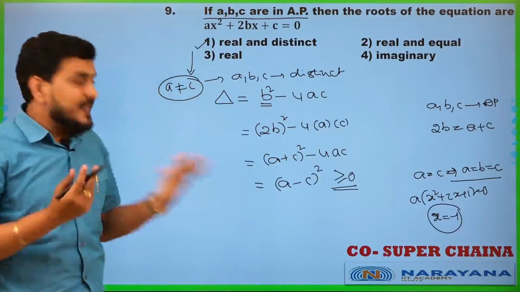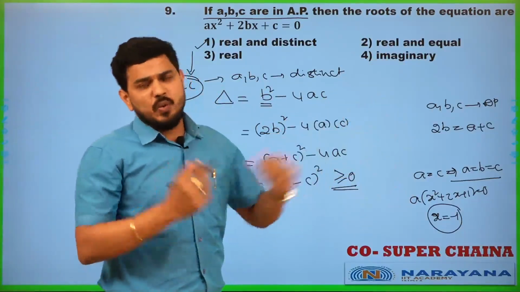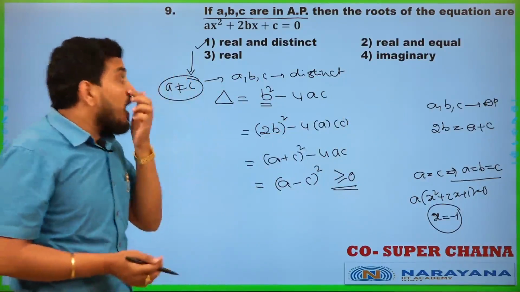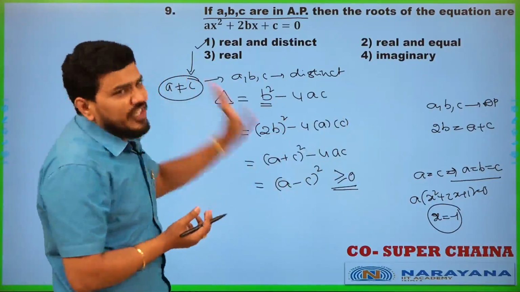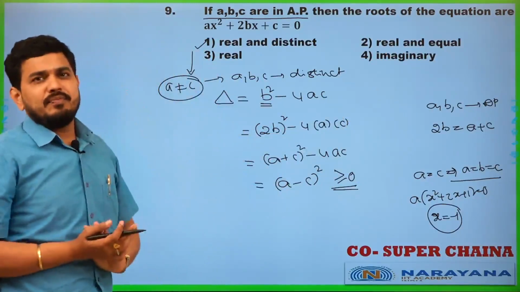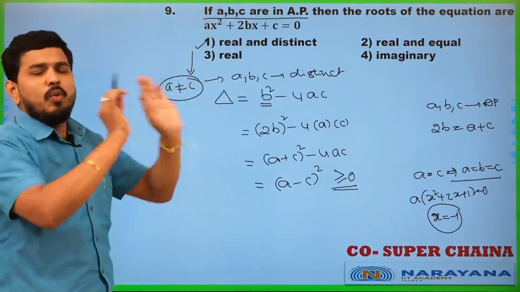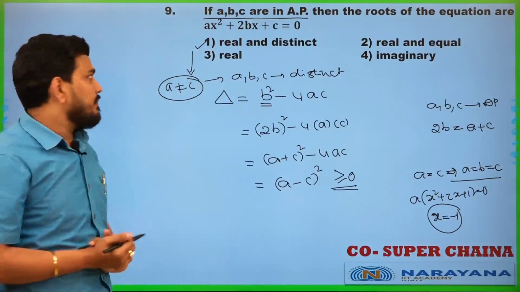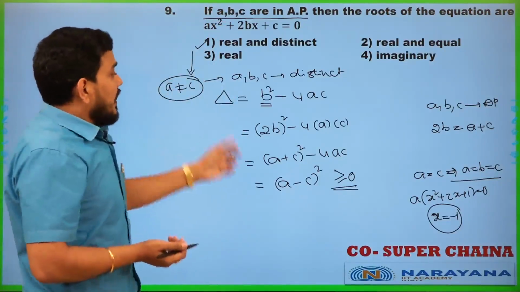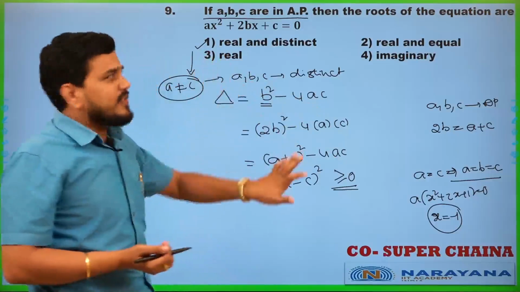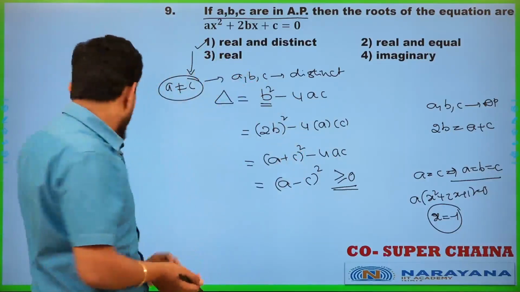If a, b, c are the same, you will get real and equal. To avoid this confusion, if nothing is mentioned, I will go and mark real. So the question needs to be clearer to answer what exactly the answer is. Here nothing is mentioned about a, b, c, so I will go for real.